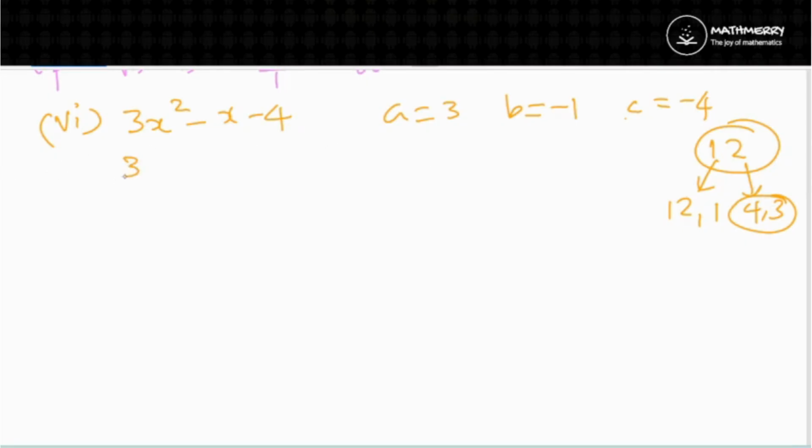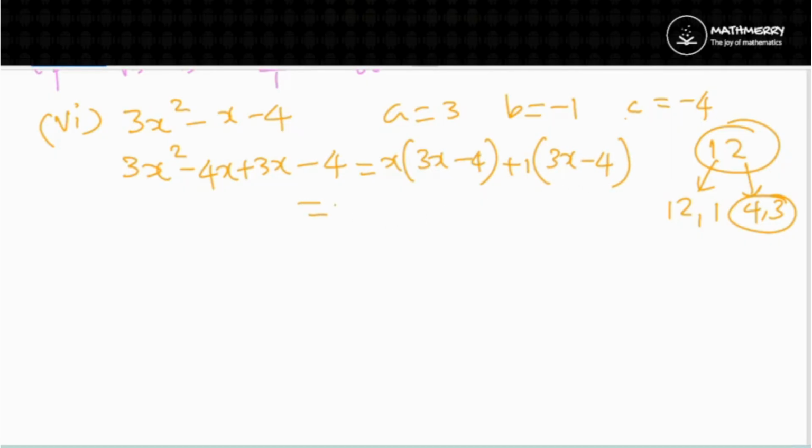So we can use that logic. So this will become 3x square minus 4x plus 3x minus 4. And that will become, okay, we can take the x as common. So 3x minus 4 plus 1 into 3x minus 4.